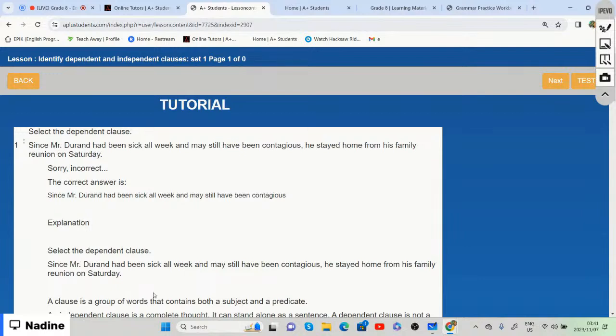Remember, we need to select the dependent clause. It's that clause that basically cannot stand on its own.